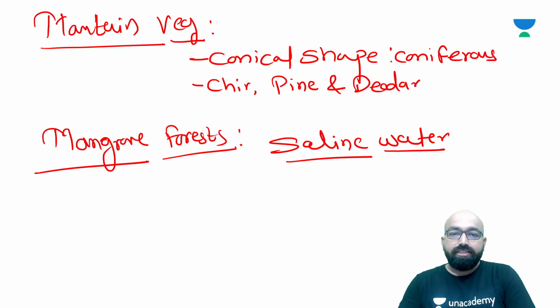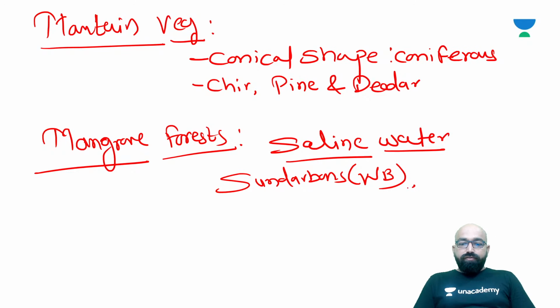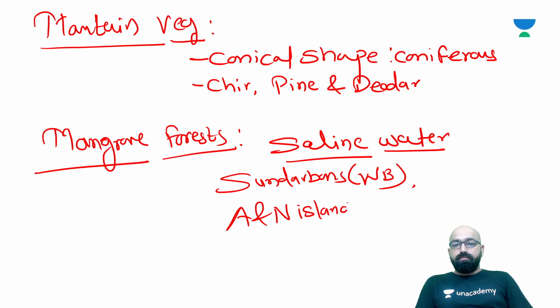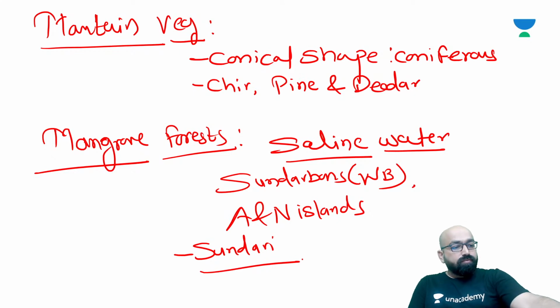They are found mainly in the Sundarbans in West Bengal and the Andaman and Nicobar Islands. So, Sundri is the well-known species of trees in mangrove forests, after which the Sundarbans have been named. So, this is about the mangrove forests.